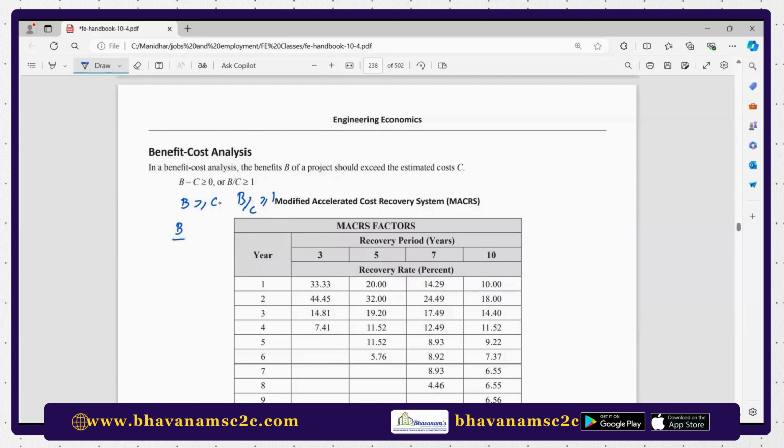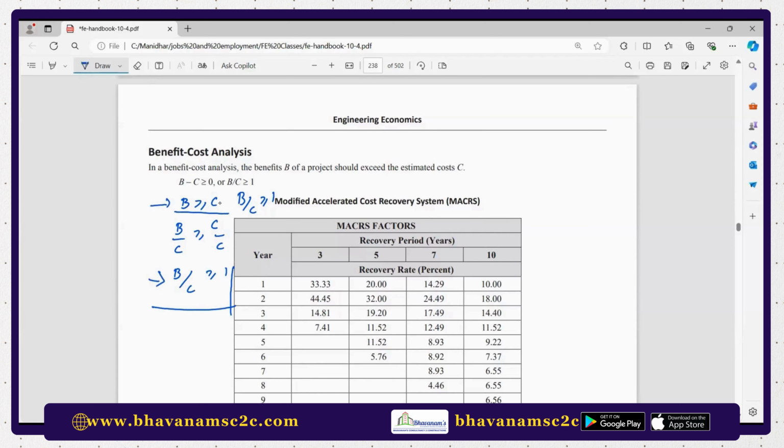You remember yesterday we discussed that if we divide by C, then it will be B by C greater than or equal to 1. Always, in order to execute a project, if they give you the value of benefits and cost, the ratio should be greater than or equal to 1, or B should be greater than or equal to C. If one condition is satisfied, the other is automatically satisfied.